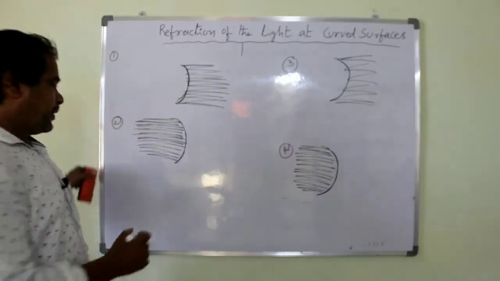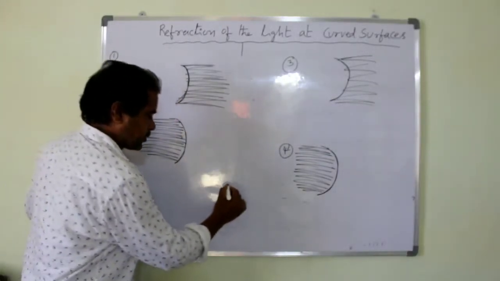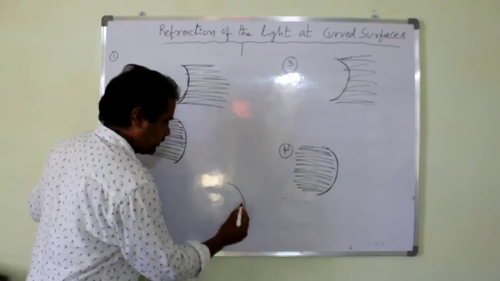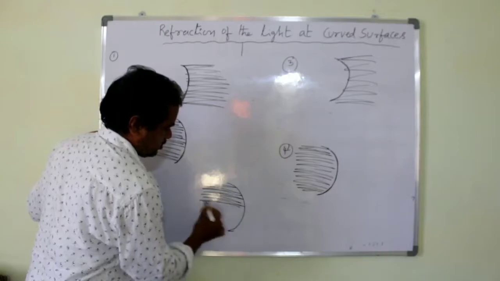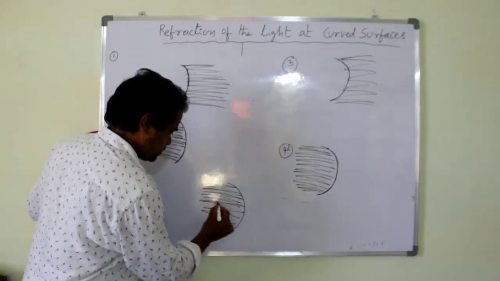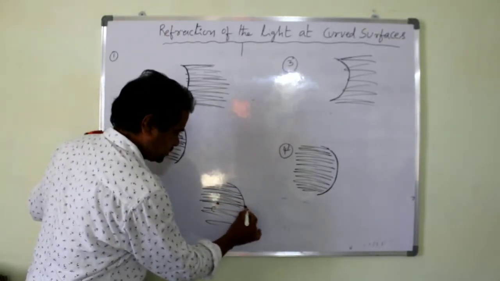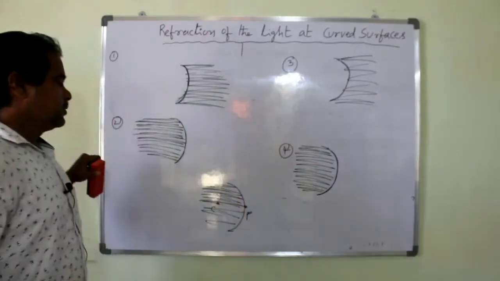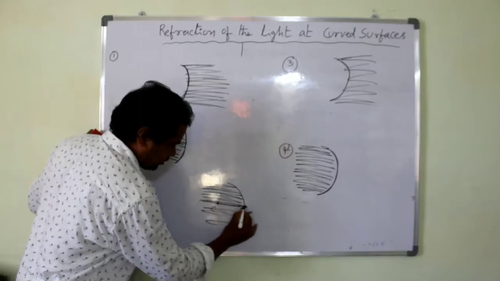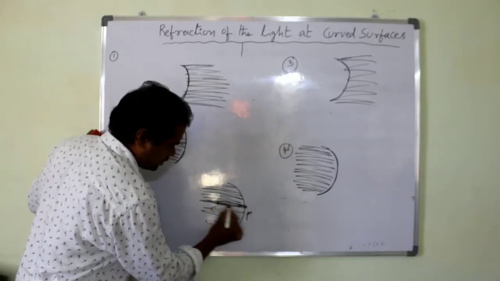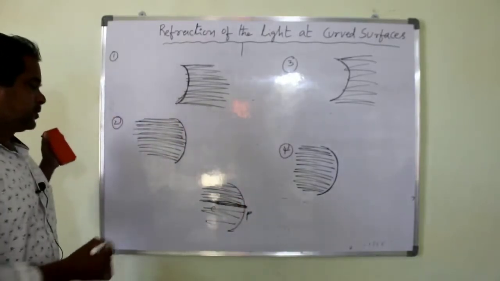So, according to geometry, this is called the center of curvature, and this is called the pole. The line passing through the center of curvature and the pole is called the principal axis.